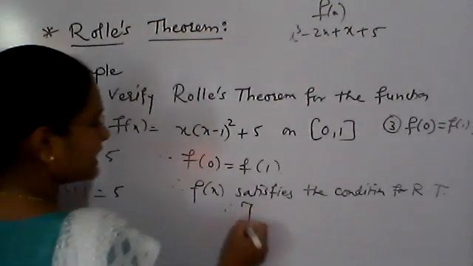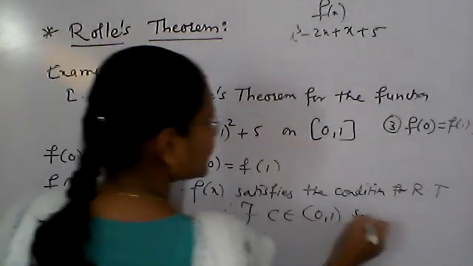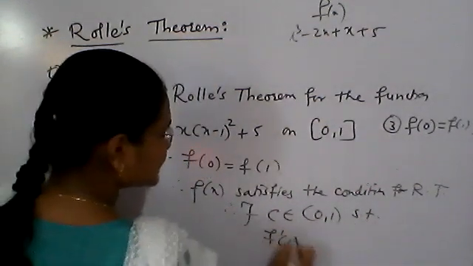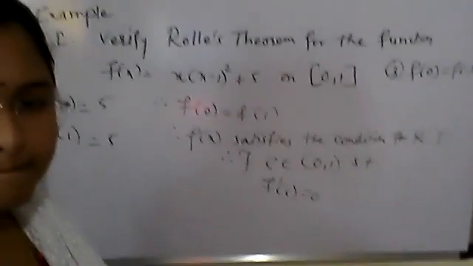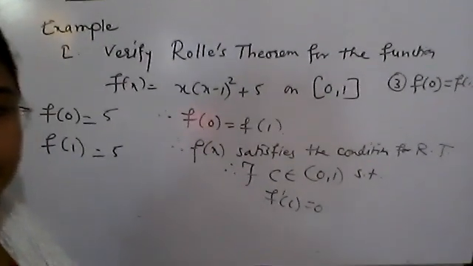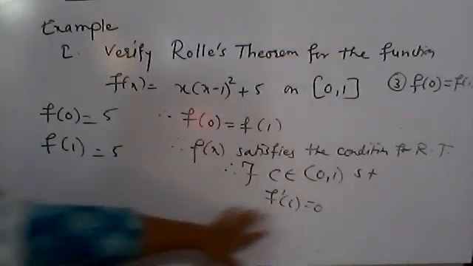Therefore, there exists C belonging to the open interval 0 to 1 such that f dash at C equals 0. Getting, Utkarsh? Yes, ma'am. है ना?